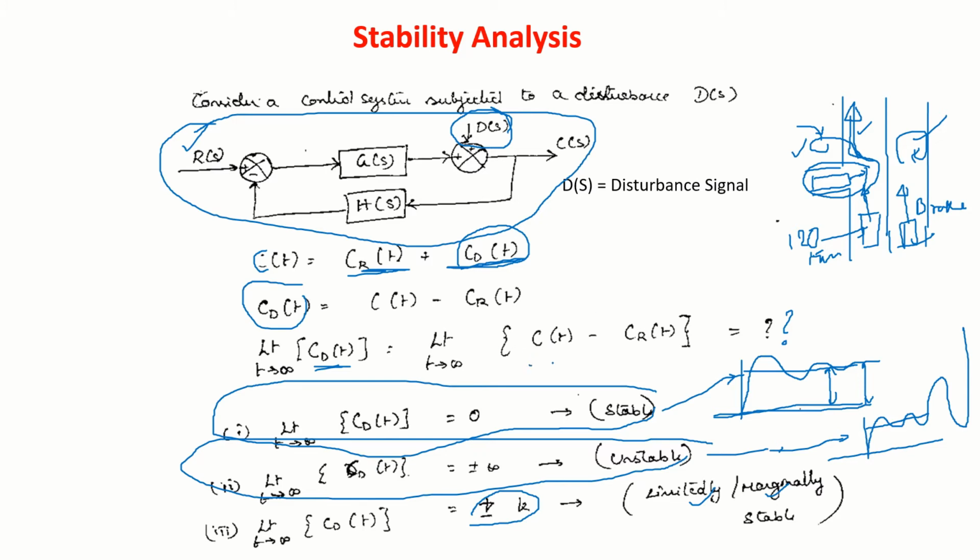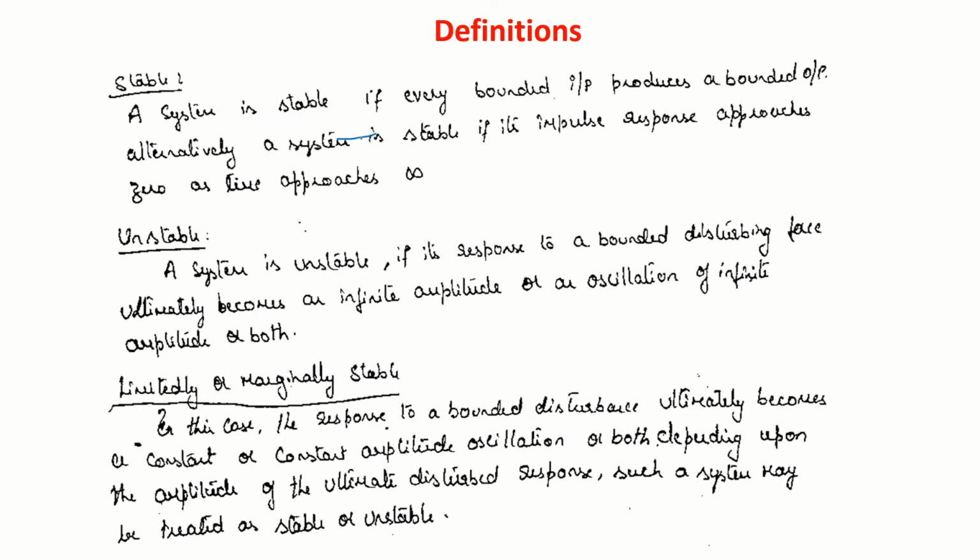So even a car like this can be modeled, and we can study what really happens when we brake, by studying its response. So now the definition is like this. Stable: a system is stable if every bounded input produces a bounded output.